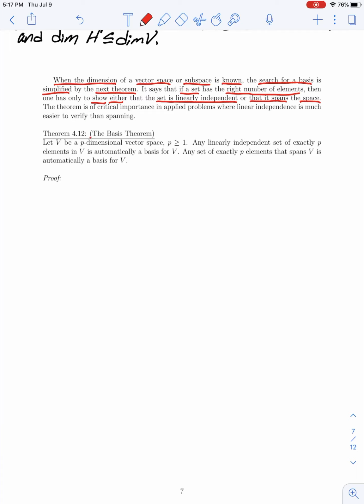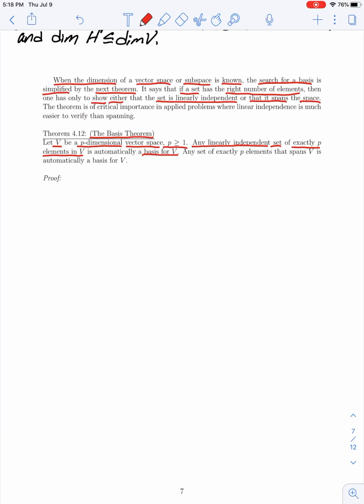So this result is known as the basis theorem, and it says if we have a vector space V, which is p-dimensional, where p is greater than or equal to 1, so it is finite dimensional where the dimension is at least 1, then any linearly independent set consisting of exactly p elements of our vector space is a basis for that space.